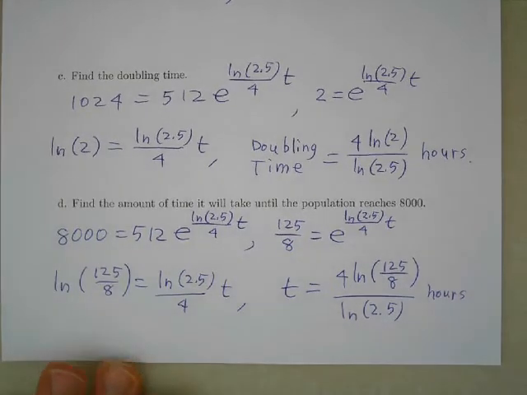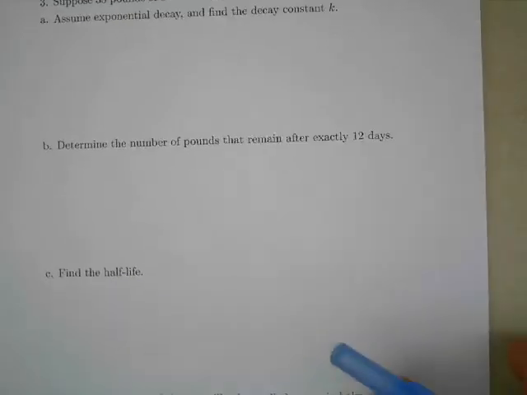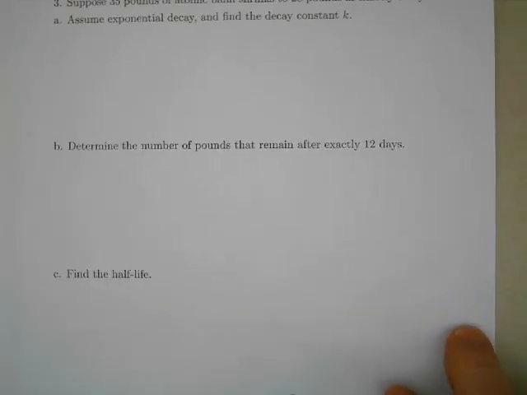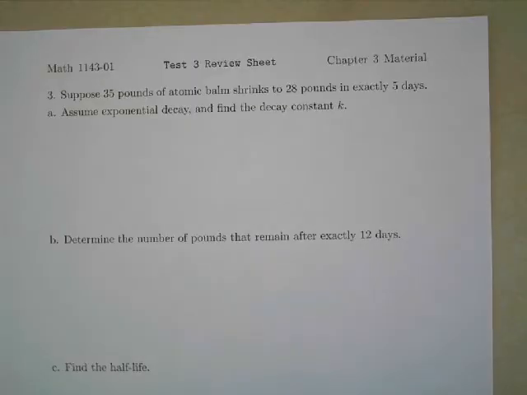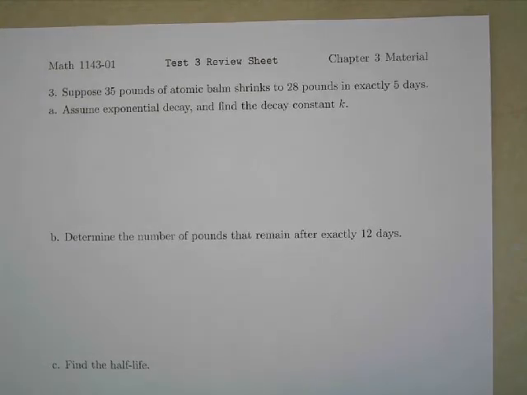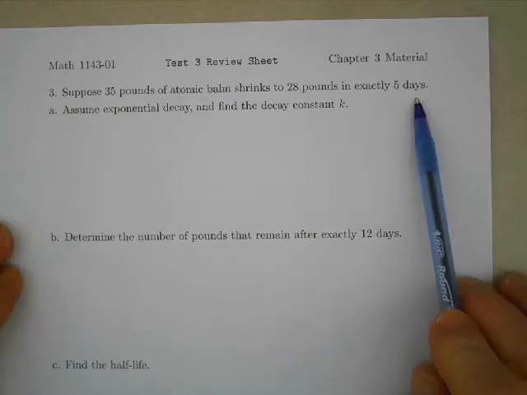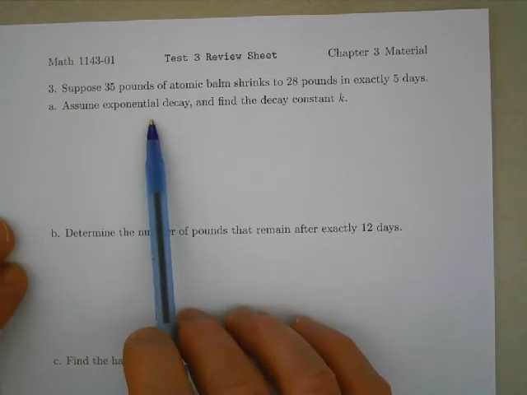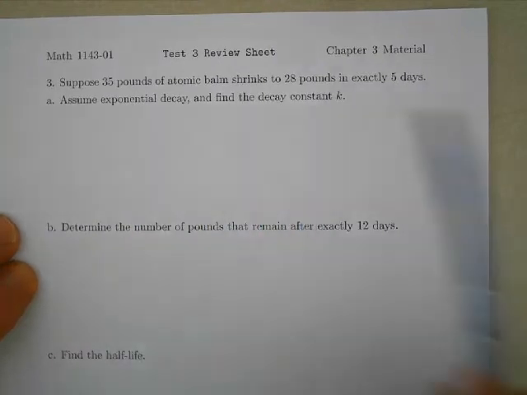Okay, the next problem will involve exponential decay. So this one, let's see, we suppose that 35 pounds of atomic bomb shrinks to 28 pounds in exactly 5 days. So if we assume exponential decay, we can find the decay constant.